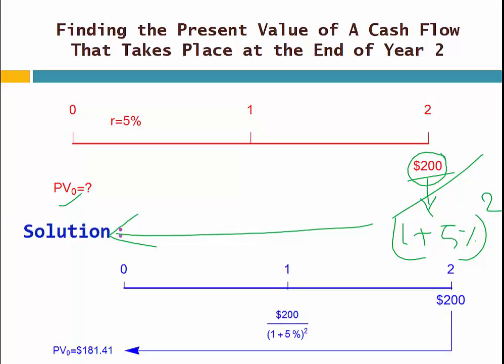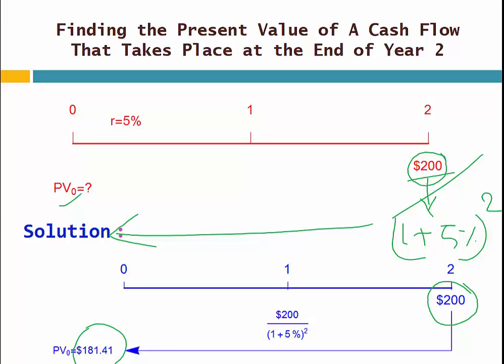So you divide this 200 by 1 plus r to the power 2 and it brings it to the present. Which means $200 in 2 years is the same as 181.41 in the current year.